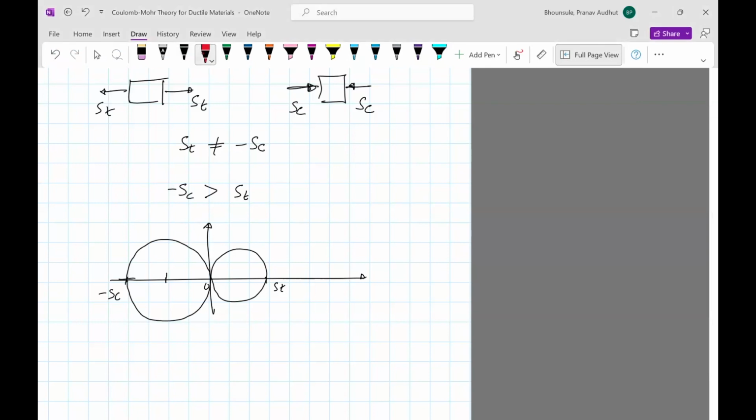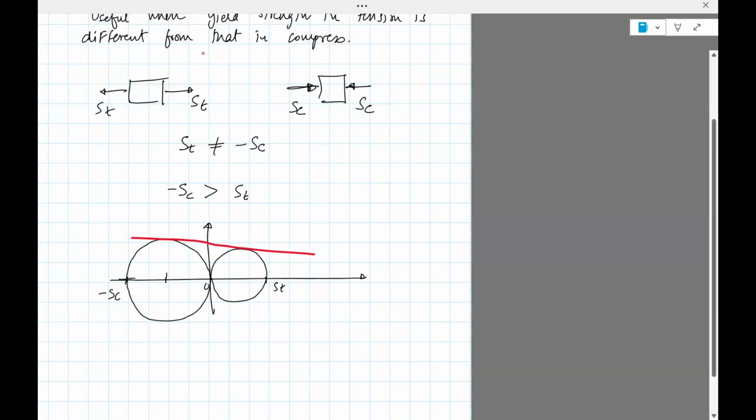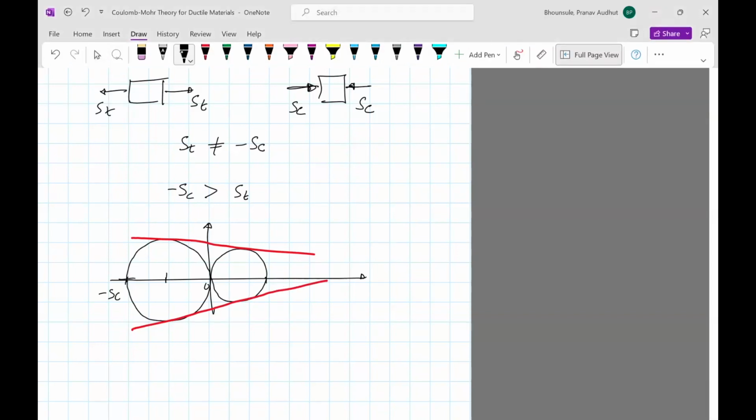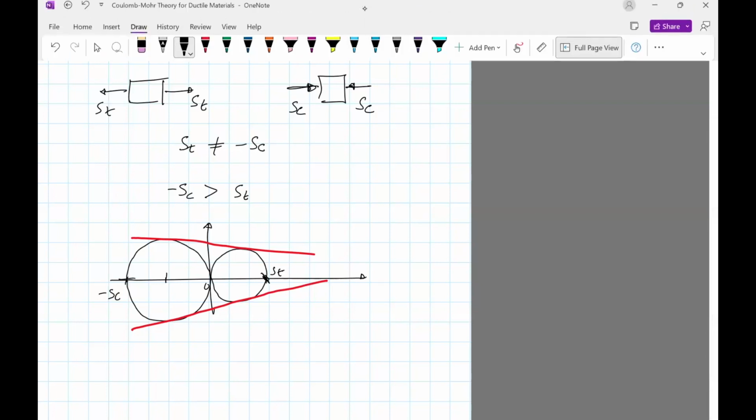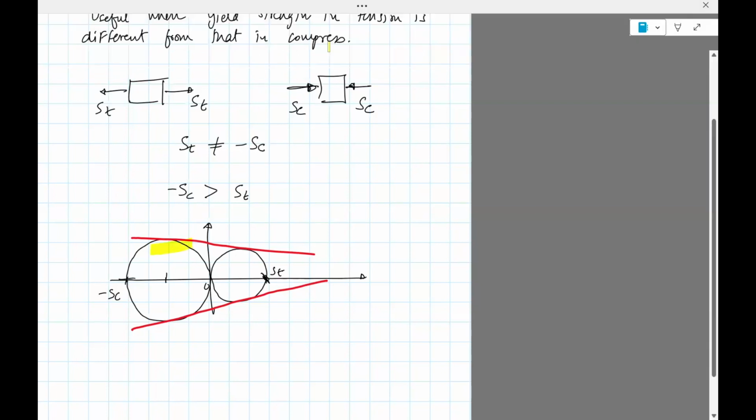Then we can draw a line like this. This is the tangent to both the circles. This is the failure envelope. So anything inside will not fail.